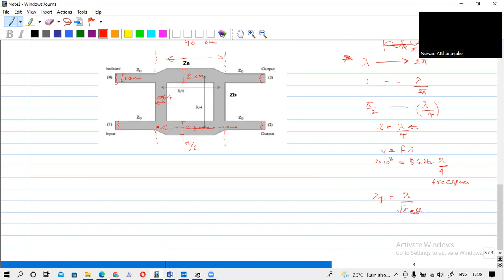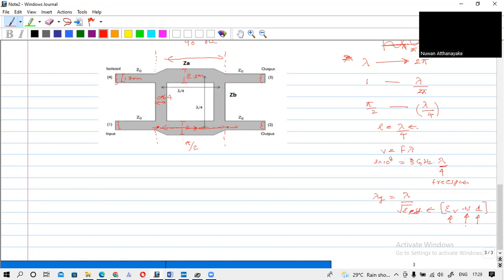It depends on the dielectric constant epsilon r, the width of the microstrip, and the thickness of the dielectric.